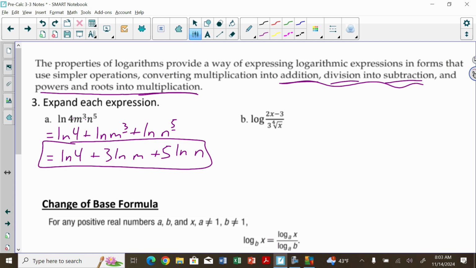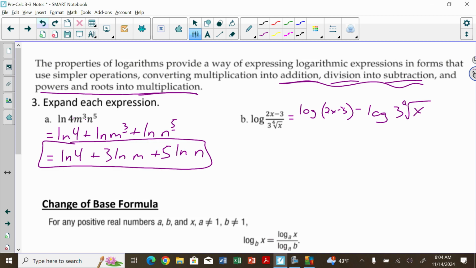All right, next. This one here, we look at taking, so because it's, again, a quotient right here, I can already put it into subtraction form. So I can say log of 2x minus 3 subtract the log of 3 to the 4th root of x.